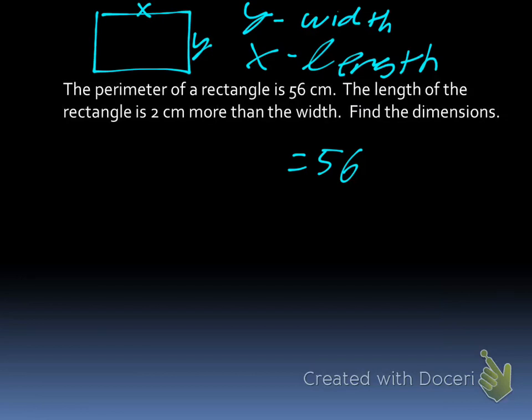So how many x's do you have? 2x plus, same for your y's, 2y equals 56. Because you got this length and this length, which is 2 lengths, and this width and this width, which is 2 widths. Add them all up, it's 56. Make sense?